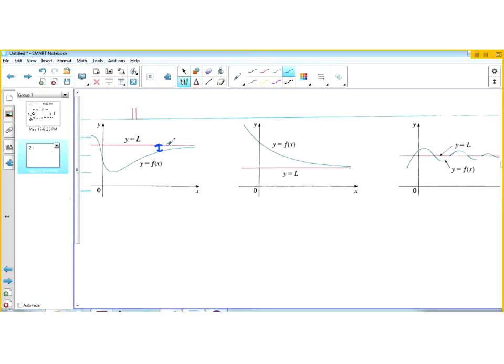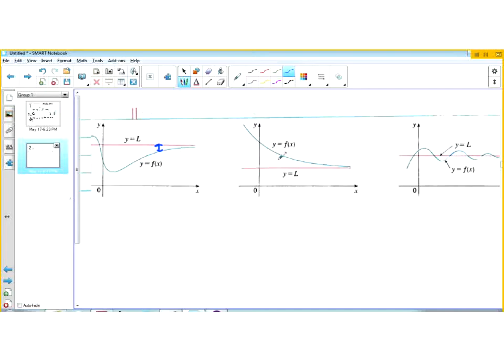In other words, it never touches the horizontal asymptote. So as x grows larger, this blue arrow distance grows smaller and smaller, but it never goes away. Okay? It just keeps getting numerically smaller and smaller as x grows larger.